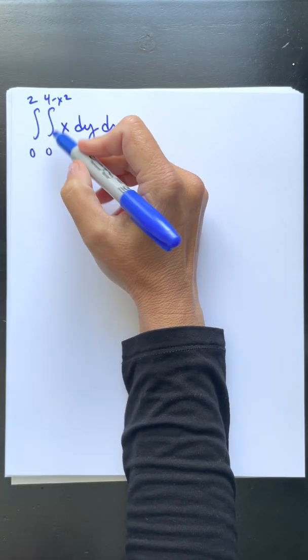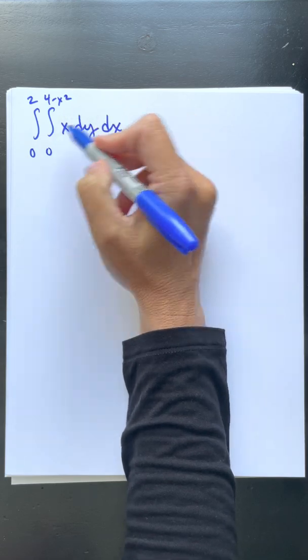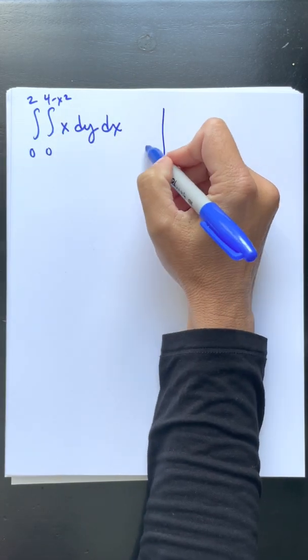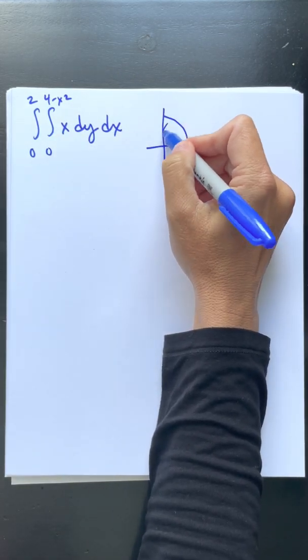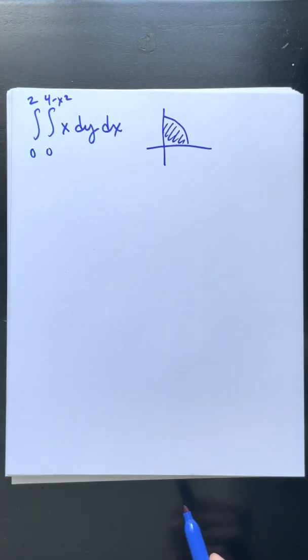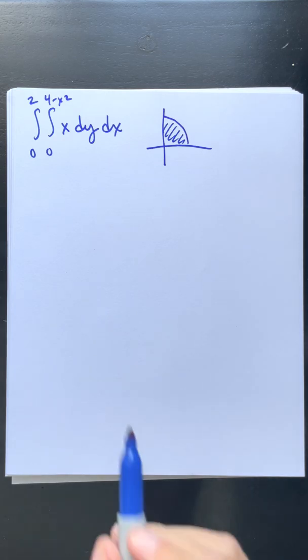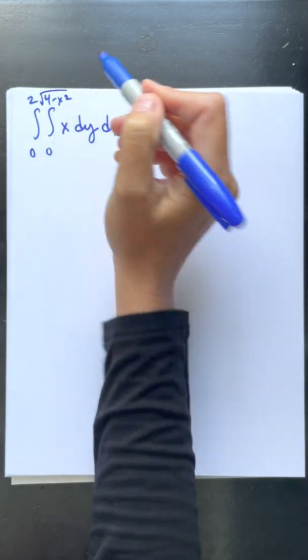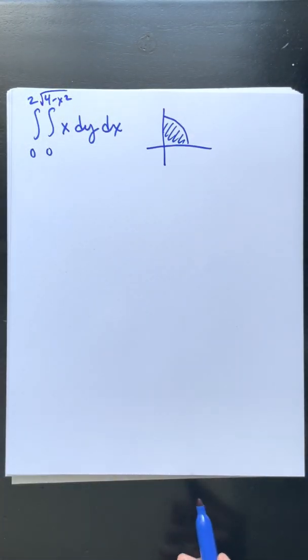So this is a half circle, but I'm restricting it to only the first quadrant. So now it's a quarter circle. All right, so it's part of a parabola. Sorry, let's make it root 4 minus x squared, so it's part of a circle.